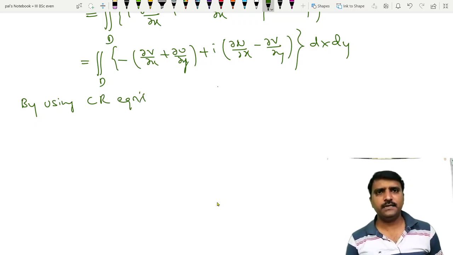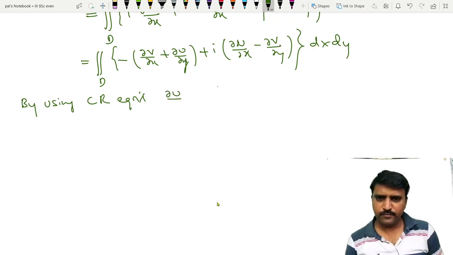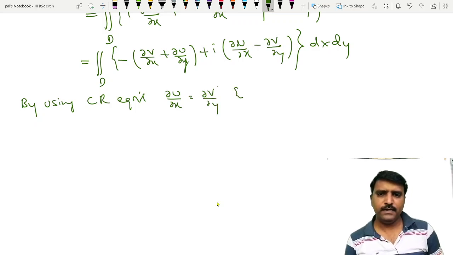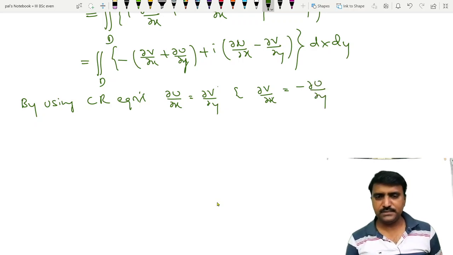If f of z is analytic, and f of z can be written as u plus iv, then del u by del x is equal to del v by del y, and del v by del x is equal to minus del u by del y. These are the CR equations.